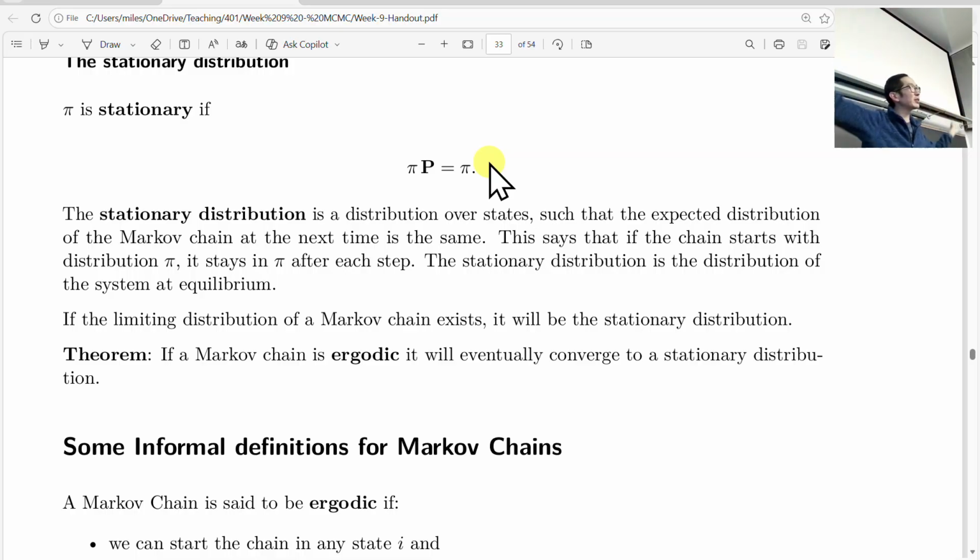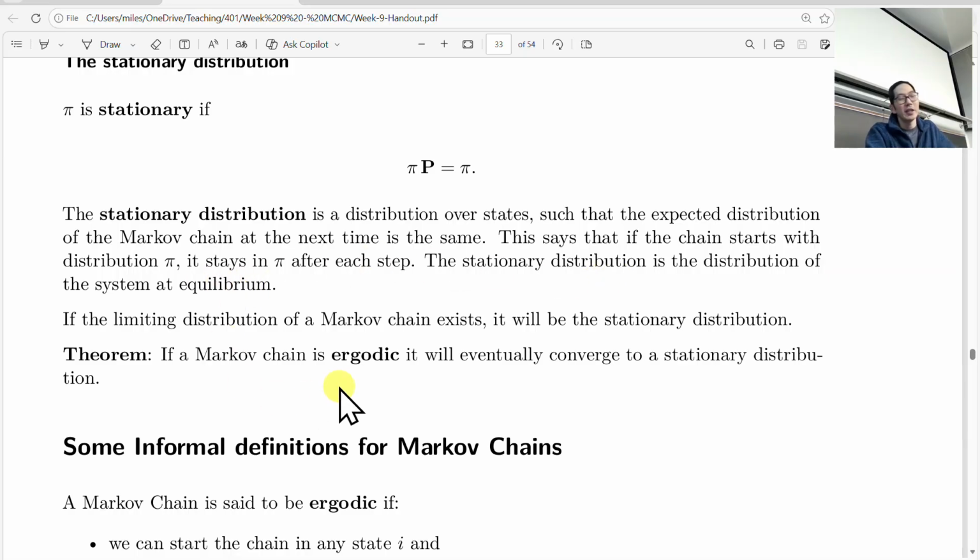There's this equilibrium, with equal concentration everywhere, given enough time. And so if the limiting distribution does exist, then it will be the stationary distribution. The stationary distribution is the distribution when it's at equilibrium.